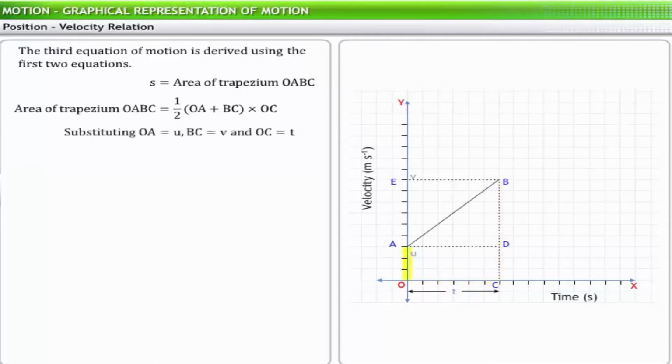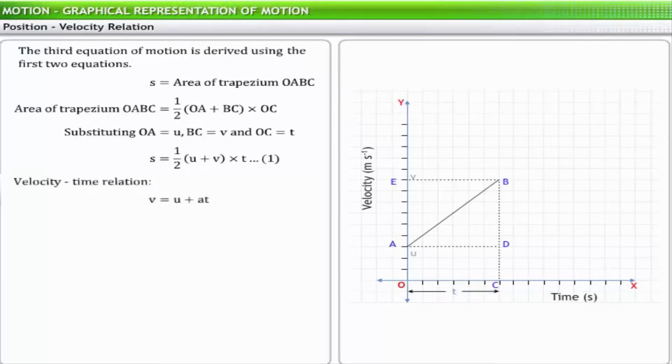Substituting OA is equal to u, BC is equal to v, and OC is equal to t, we get s is equal to half of u plus v multiplied by t as equation 1.